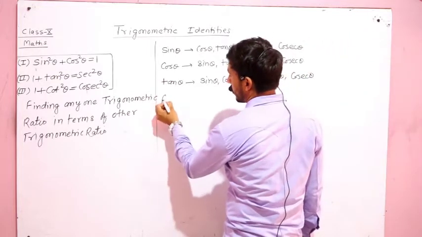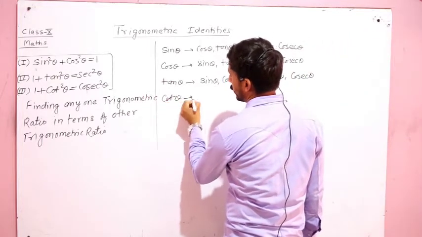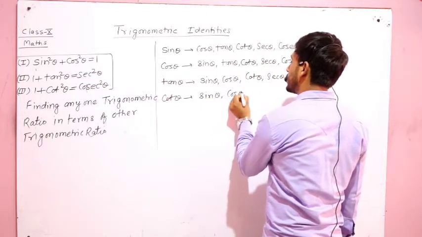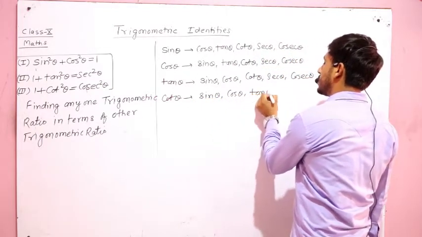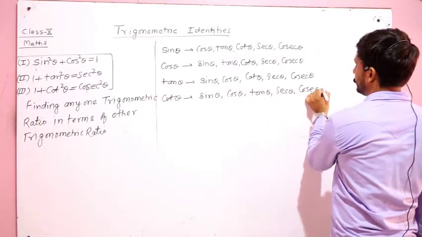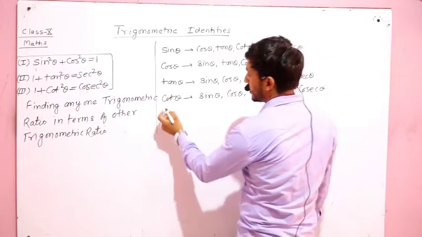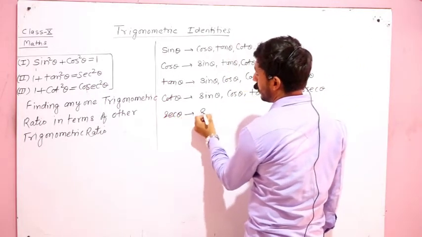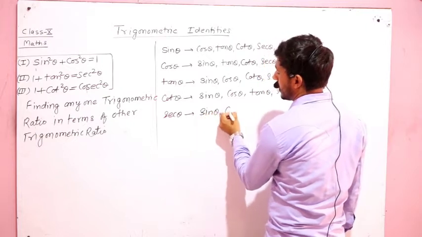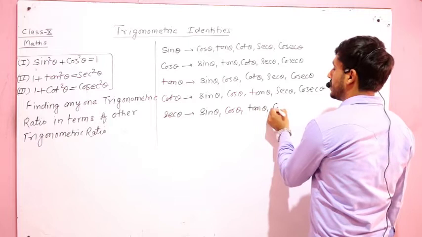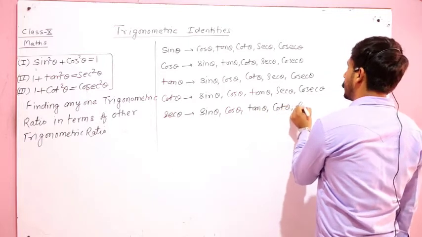Another one is cot theta in terms of sin theta, cos theta, tan theta, sec theta, and cosec theta. Next is sec theta in terms of sin theta, cos theta, tan theta, cot theta, and cosec theta.